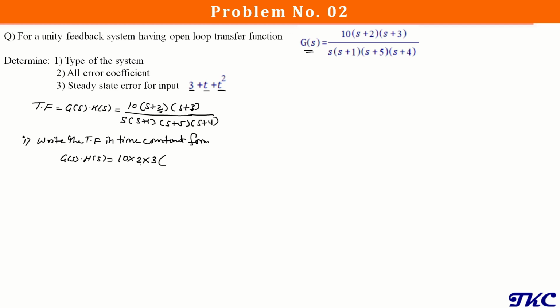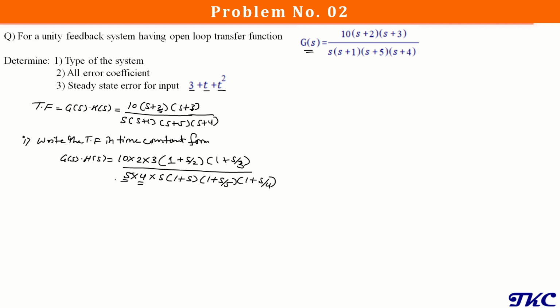The first bracket will be written as (1 + s/2), and the second bracket as (1 + s/3), divided by 5 into 4 into s. The first bracket in the denominator stays as it is, because the constant inside it is 1. The next bracket will be (1 + s/5), and the last bracket will be (1 + s/4). Because of this 5 and 4, we have 5 and 4 out here.